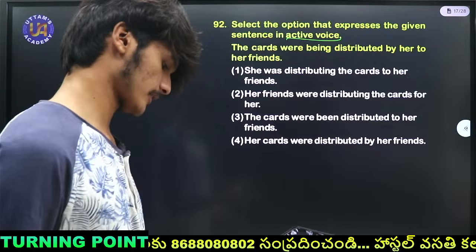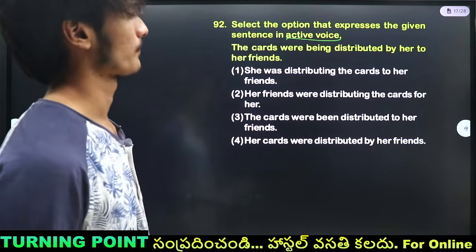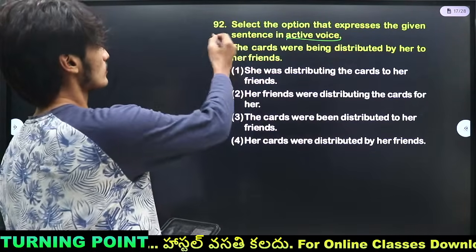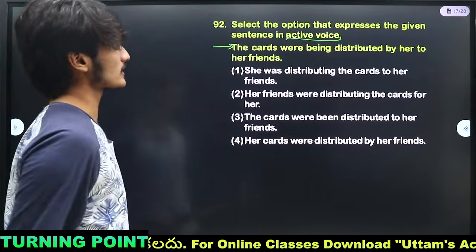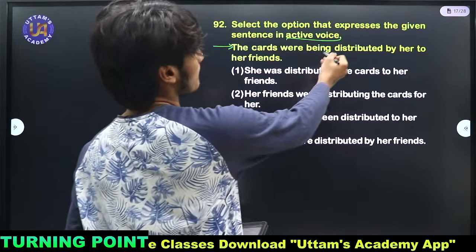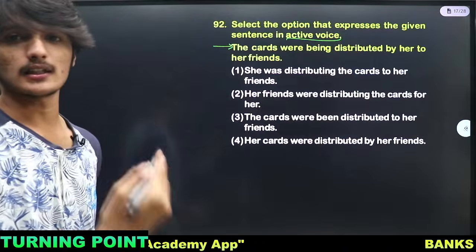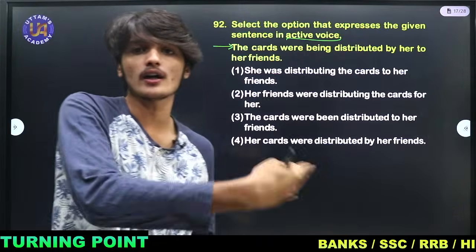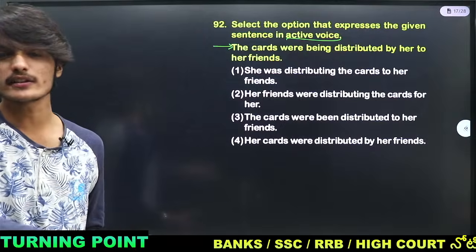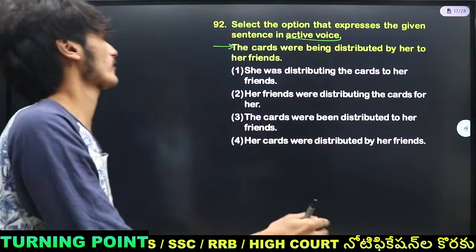She was distributing the cards to her friends. So yes, we must understand the sentence correctly. The cards were being distributed by her to her friends. It means that the girl is distributing the cards to her friends. So the giver of the cards is her, not her friends.